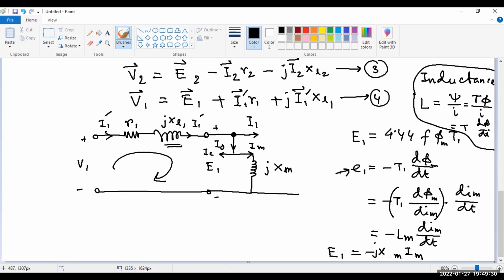Suppose I am exciting a coil. Suppose the primary coil I have excited by some V1 voltage. Now through this coil some current is flowing, that is I naught. This I naught will then generate an MMF. What is that MMF?